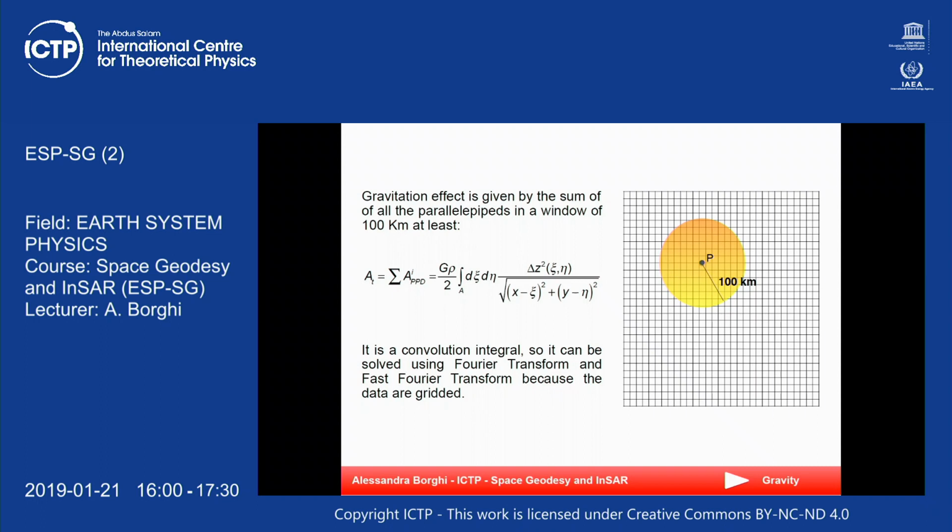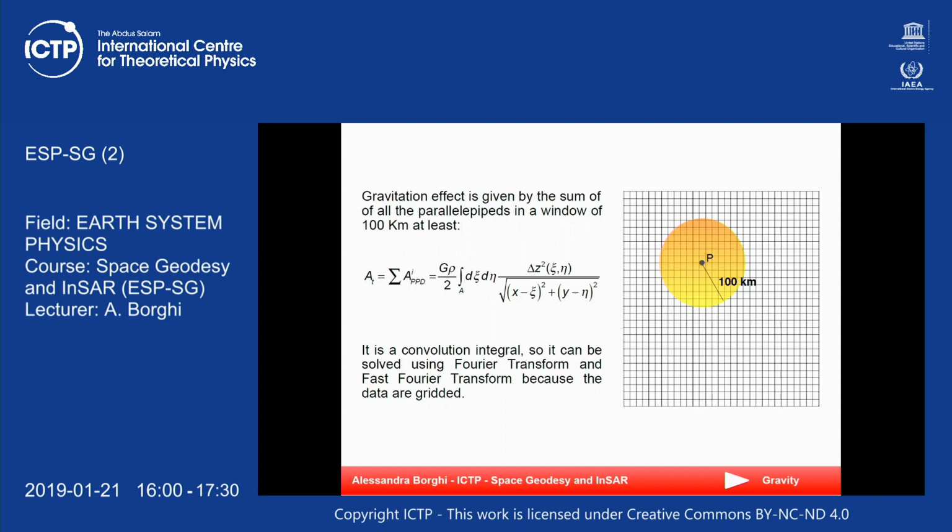You can also see that in this formula there is a convolution integral, so it can also be solved using the Fourier transform and fast Fourier transform. If you start from gridded data, the digital terrain model of course is gridded data, but the points where you compute this effect could be not on a grid.